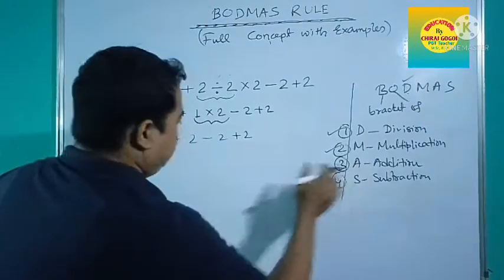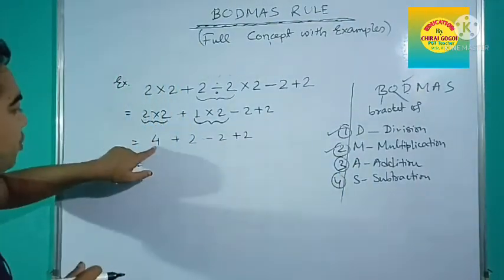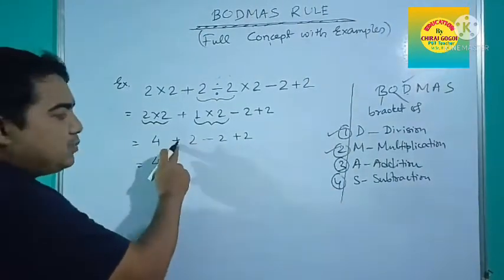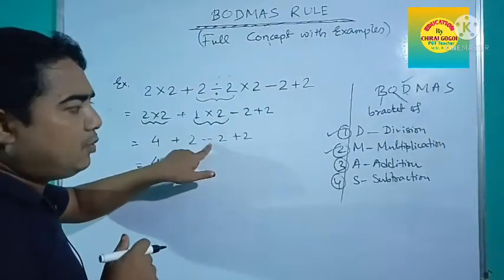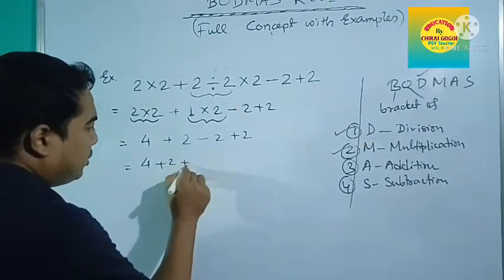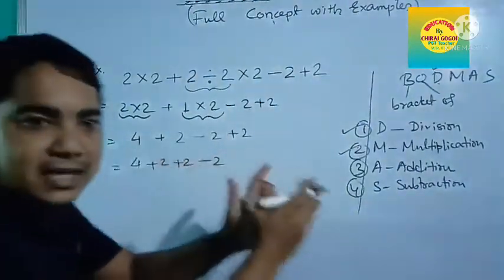Next, addition, which means all positive terms together. 4's front symbol is plus, so 4 is a positive term. 2's front symbol is positive, so 2 is a positive term. But these two are negative, so write them at last. So plus 2 written together, and minus 2 is a negative number, so keep it aside.